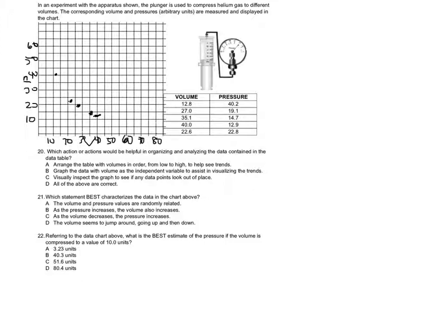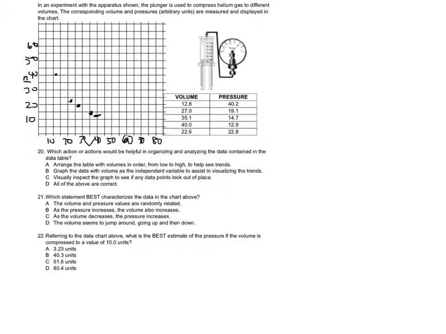All right. So let's look back down at these questions here. Which action or actions would be helpful in organizing and analyzing the data contained in the data table? Well, we already talked about that we would want to put the data table in order because this last number is kind of out of order here. And then as far as analyzing the data, it's very helpful to do a graph so you can see what's happening trend-wise with your data.